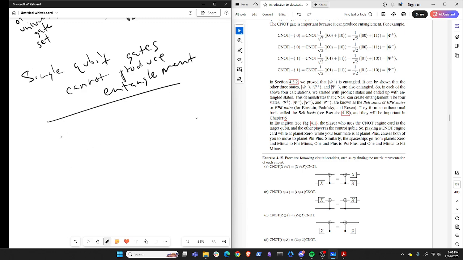So even something like, well, what about the Hadamard? What if we put both qubits into superposition, right? The fact remains that even if we put 2 qubits into superposition, each with a Hadamard gate, they have their own individual states. Say these are both 0.